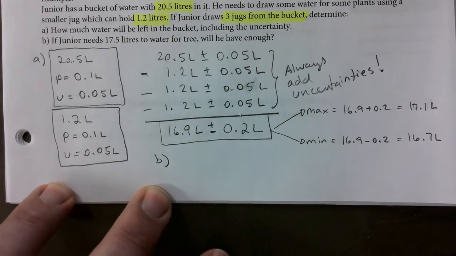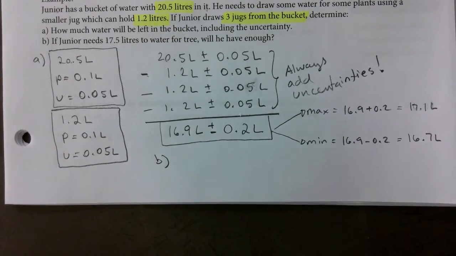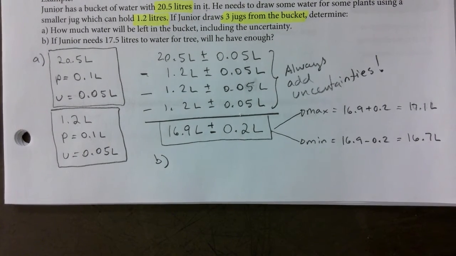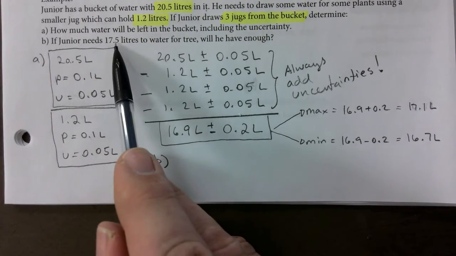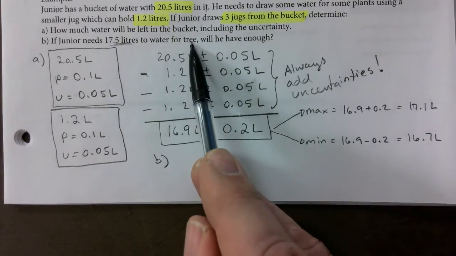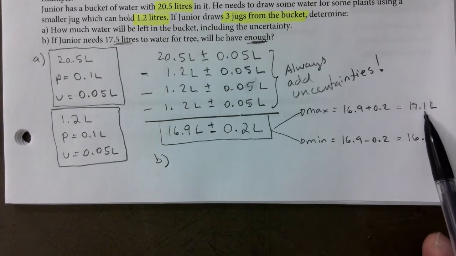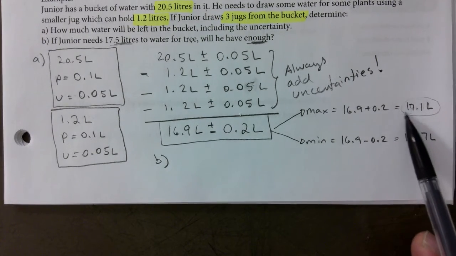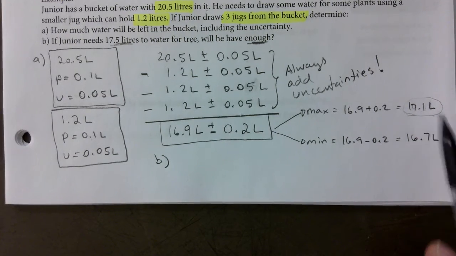I did that because for B you needed to know that. If Junior needs, and this question isn't specific enough, if Junior now needs 17.5 liters, that's what it's supposed to say, for a tree. So if you need this much left for a tree, will you have enough water? And so the maximum you could have is 17.1, so you don't have enough regardless of what happens here.